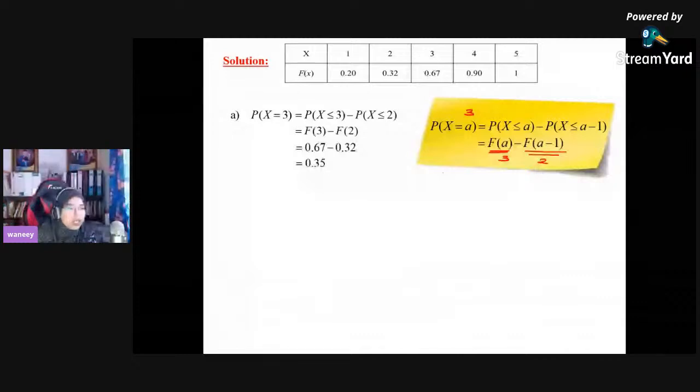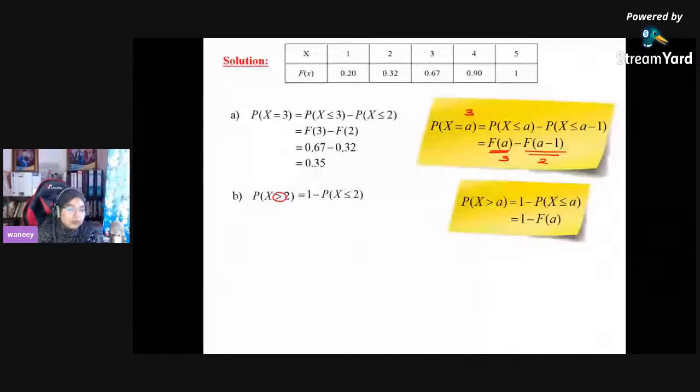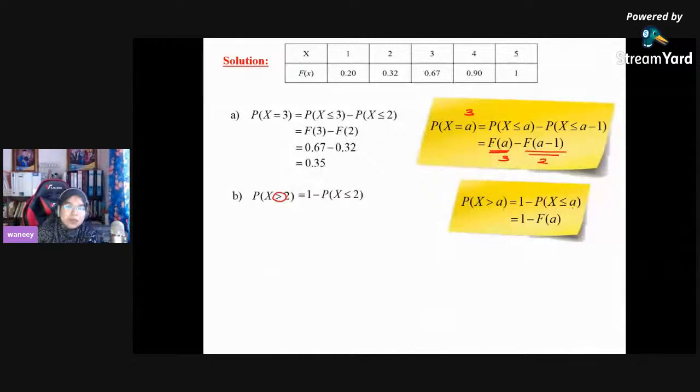So let us proceed with the second one. Okay, so probability for x greater than 2. You must remember one thing: for cumulative, we always start from the left hand side. So this symbol over here cannot be greater than, it should be less than. So I should do 1 minus probability of x less than or equal to 2. Or you can refer to this formula, probability of x greater than a is 1 minus probability of x less than or equal to a.